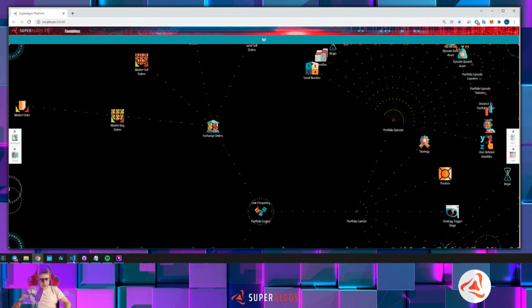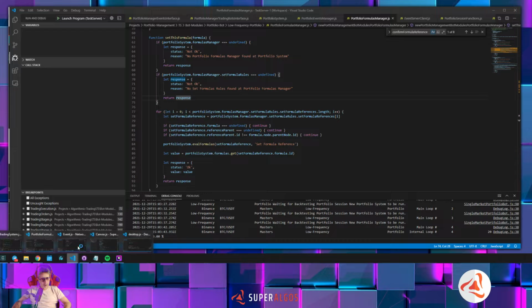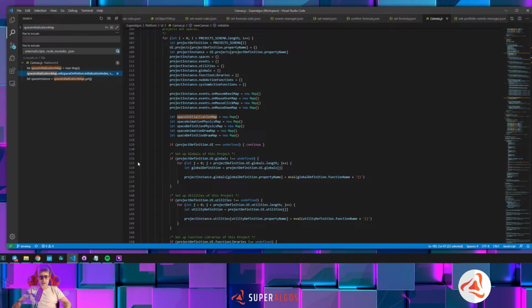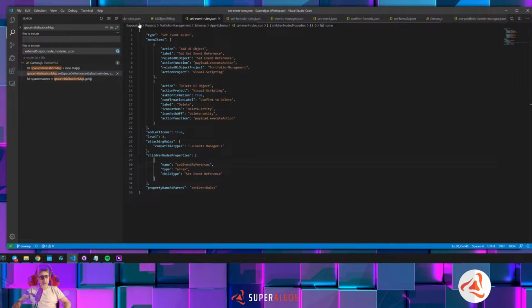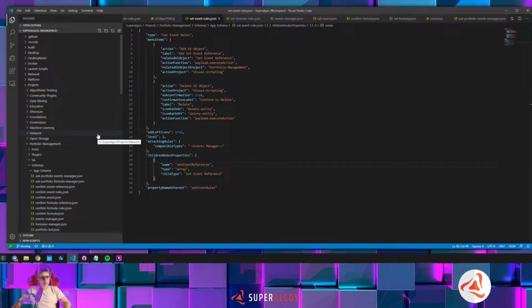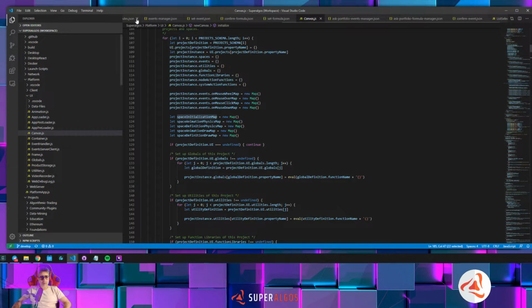So let's get one Visual Studio Code to work on this. I will use this one. Okay, so we will clean these files from here.